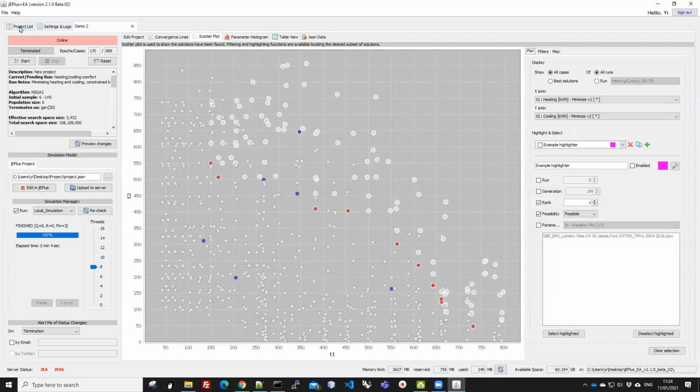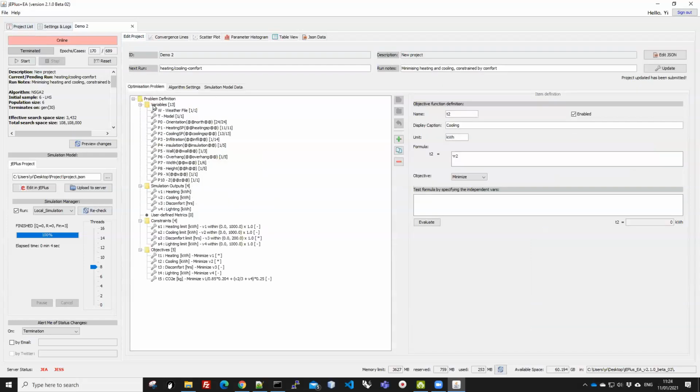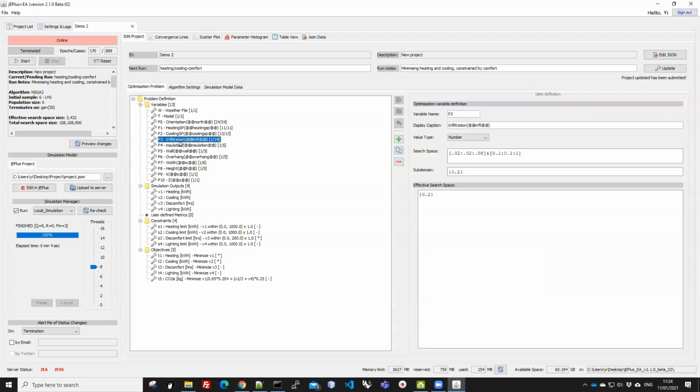And if you do want to run this project fully, I suppose you can enable all the other parameters.